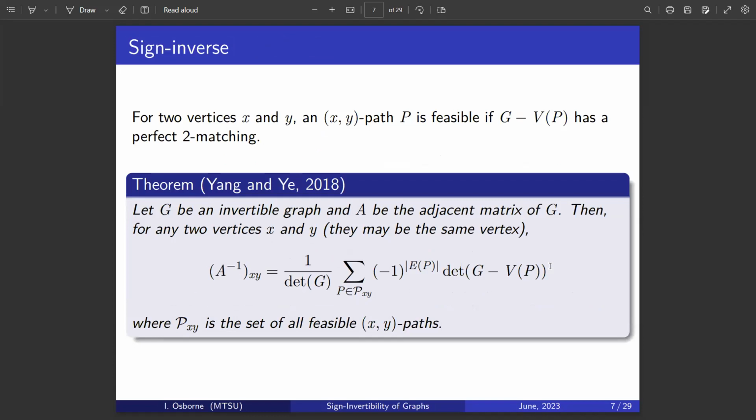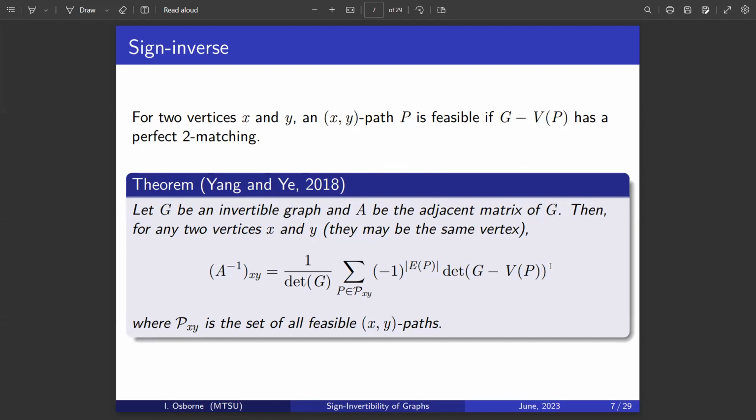Okay, and so this was another result from 2018, and this turned out to be extremely important for us with our investigations. What this allows us to do is, for any two vertices x and y, find the corresponding entry in that inverse, the xy entry in that matrix, in terms of the number of basically feasible paths connecting vertex x and vertex y.